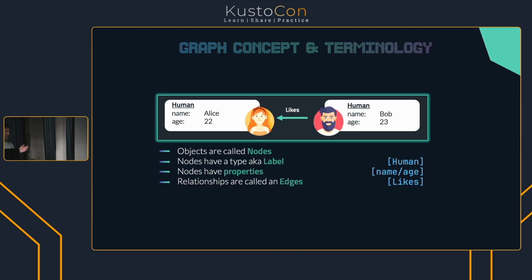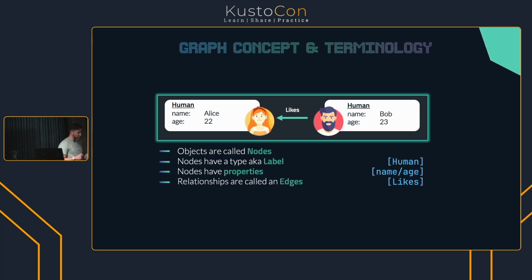A node can have a type, or a label in most cases, like Henning explained. You can have multiple labels even. Nodes can have properties as well, so you can have all kinds of data on it, like a name and an age and all kinds of other information that you care about. And the connection between 2 nodes, or the relationship between 2 nodes, is called an edge.